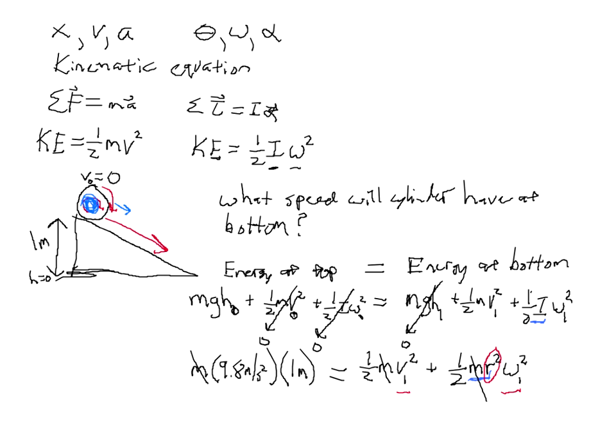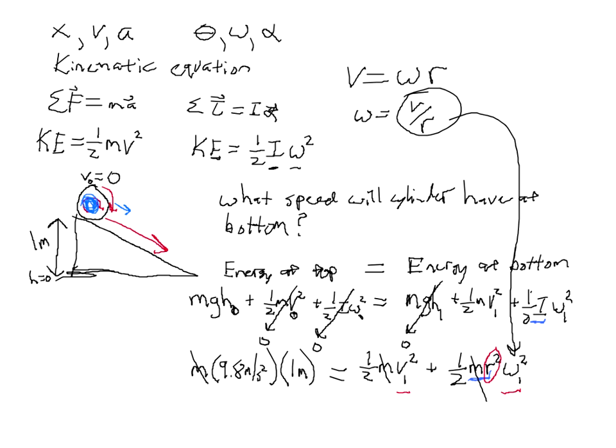We learned earlier when we first started learning about rotational motion that the link between the speed and the angular speed was v equals omega r. So I can solve that equation for omega. Omega is equal to v over r. And let's plug this in down here for omega.